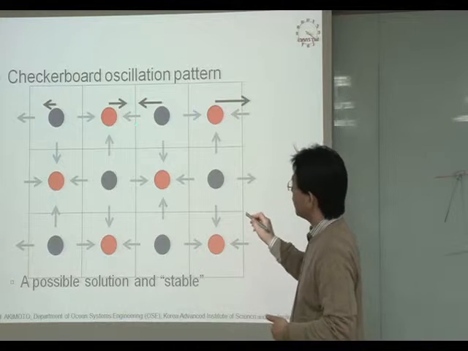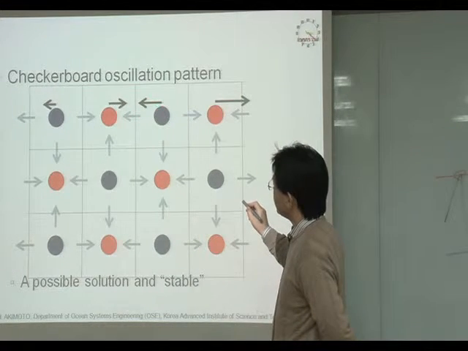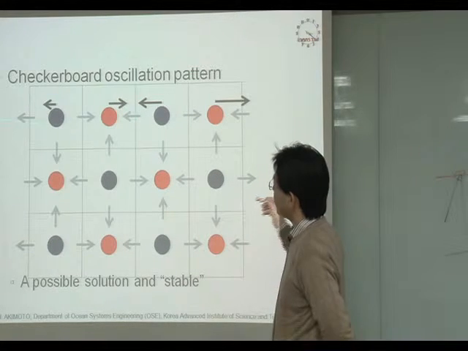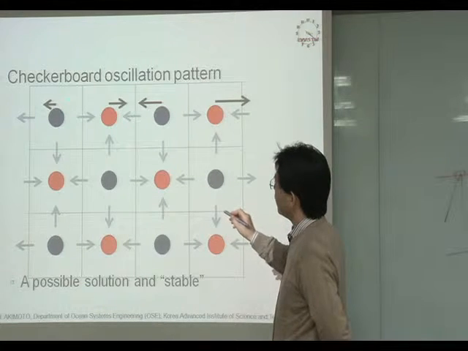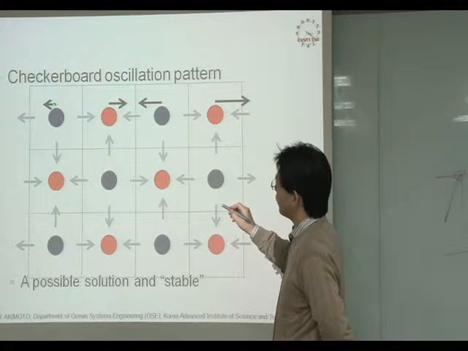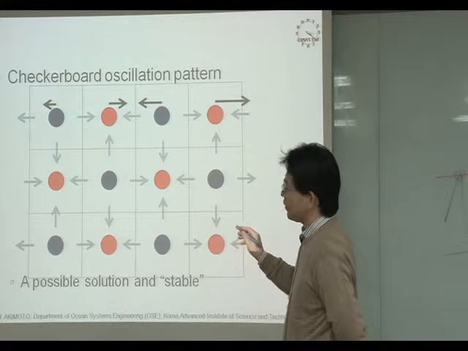Also, at this point, the velocity is this one plus this one. Resultant remaining velocity is in this direction. And at this point, velocity is this one plus this one divided by 2. The result will be in this direction.